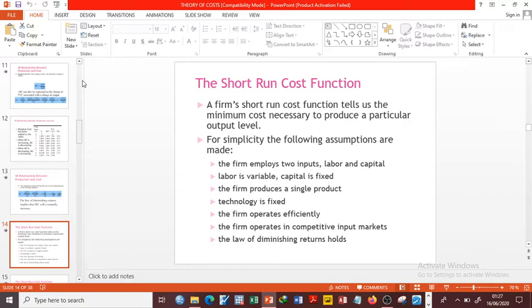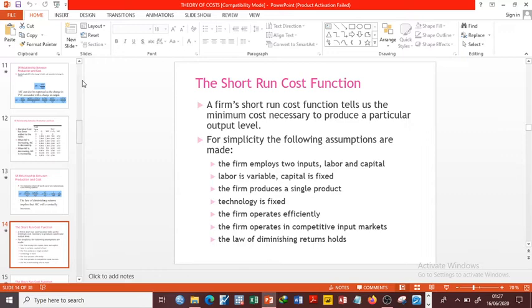And then we assume in the short run that the firm produces a single product. And we also assume that technology is fixed. In other words, technology is not changing. We assume the firm operates efficiently, and we assume that the firm operates in competitive input markets.